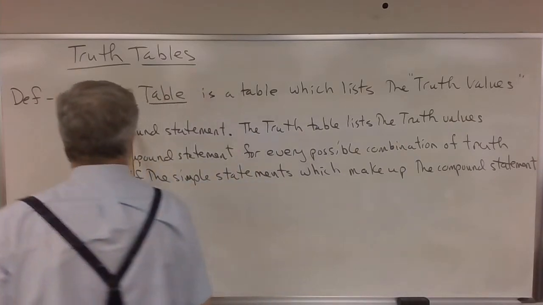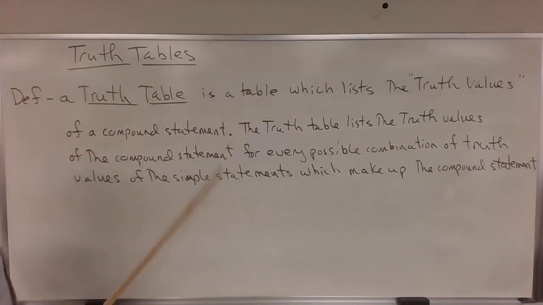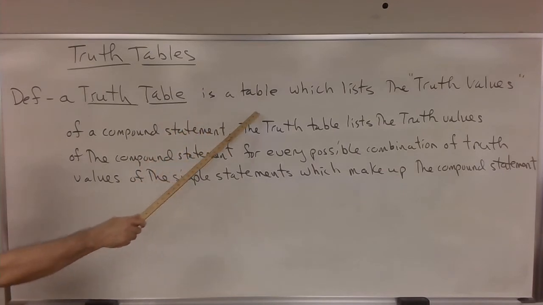A truth table is a table which lists the truth values, that is true or false, of a compound statement.